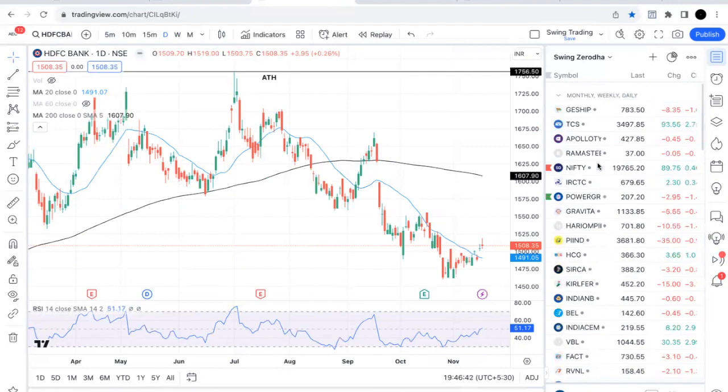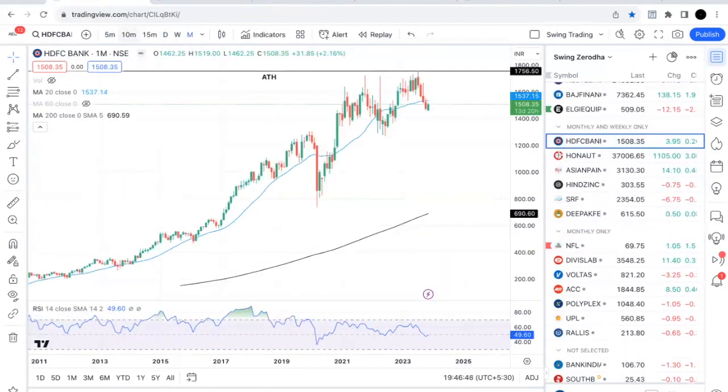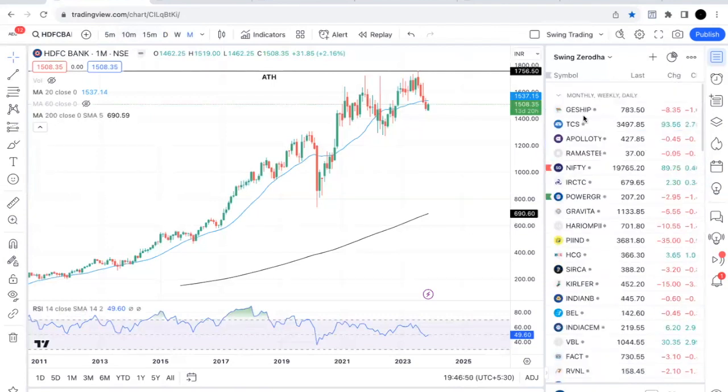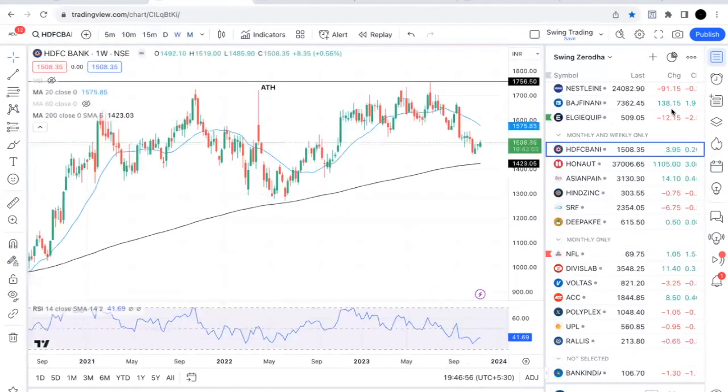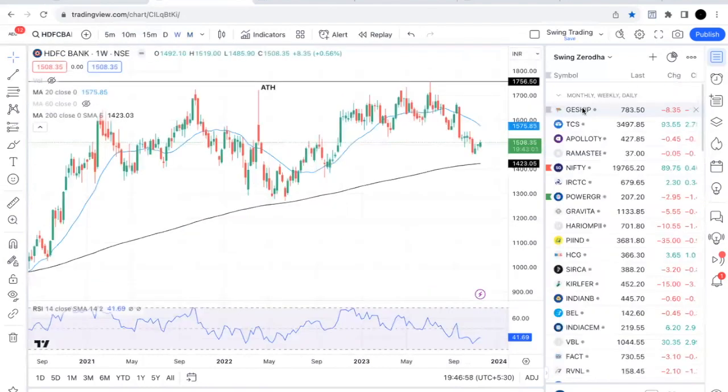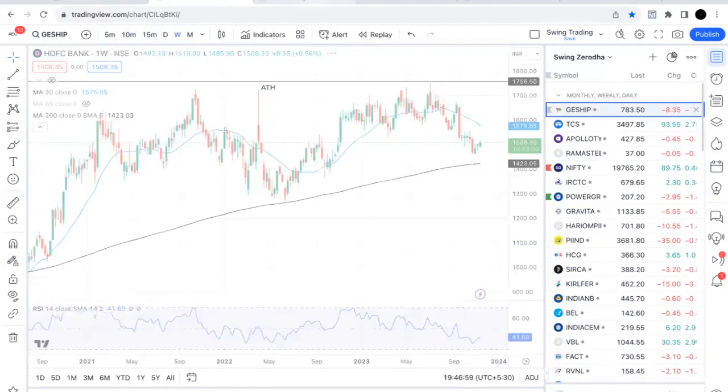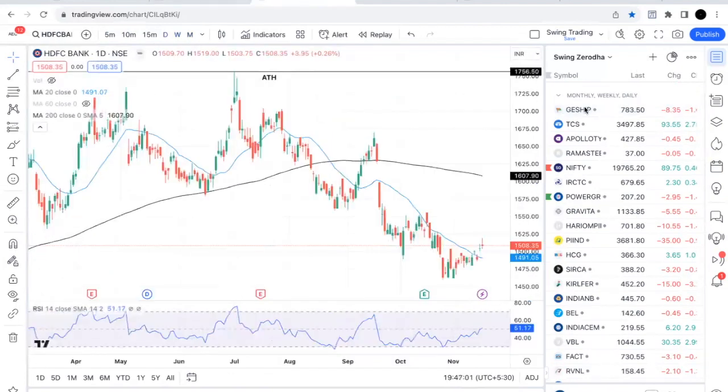And the rest, I move it to the top, which is monthly, weekly, and daily. These are the ones that I want to be trading. And then daily. Here we are.